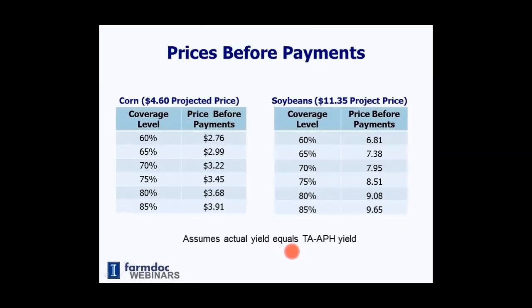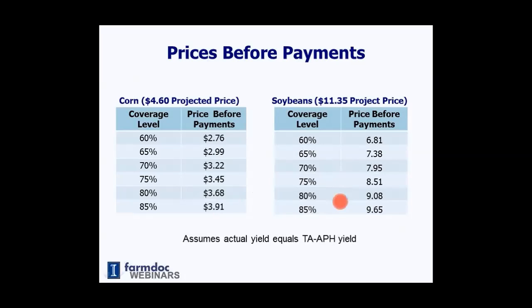So what I'm trying to do is give you a feel for what sort of prices will have to happen before crop insurance will make payments. Corn, $4.60 price, 85% coverage level, and the $3.91 price is 15% less than the $4.60 price. We would have to see prices below $3.91 before crop insurance will cause payments, given that actual yield equals the trend adjusted APH yield. So we're looking at below $4 prices in all cases before crop insurance will make payments on corn in 2014.